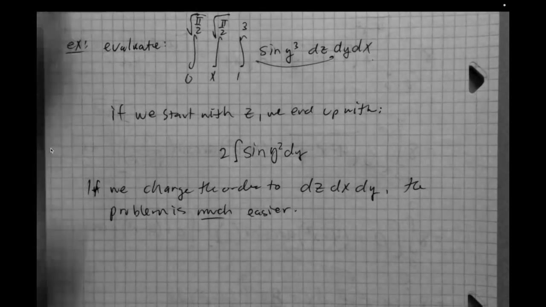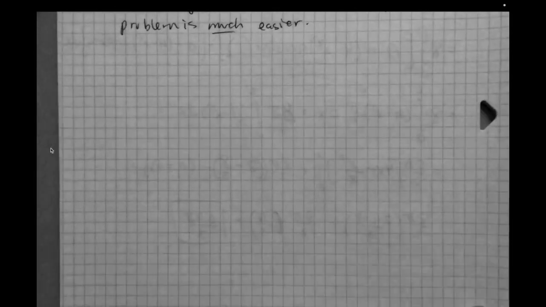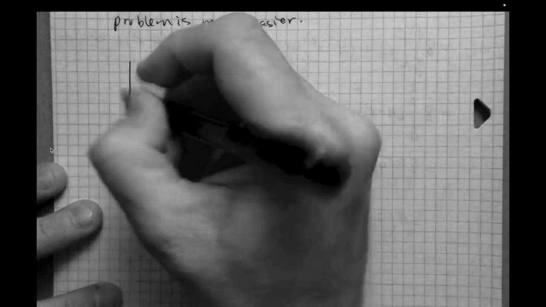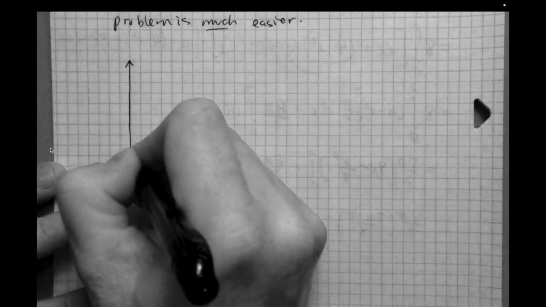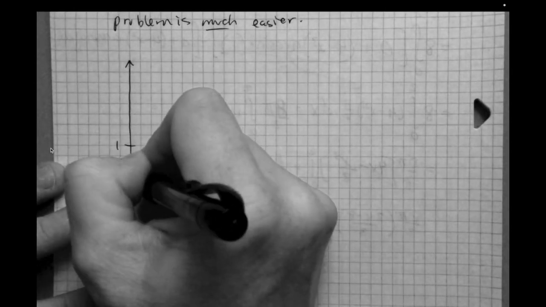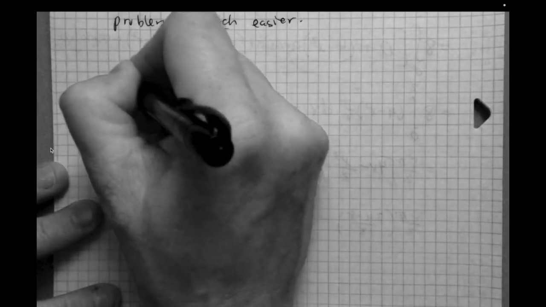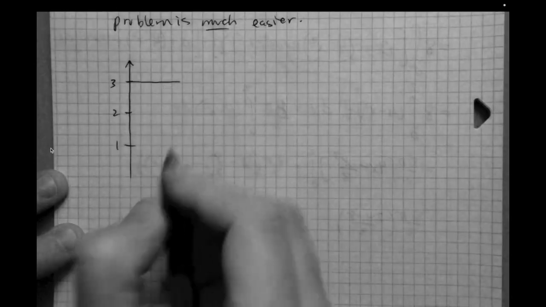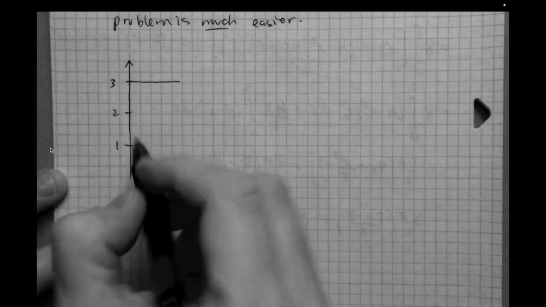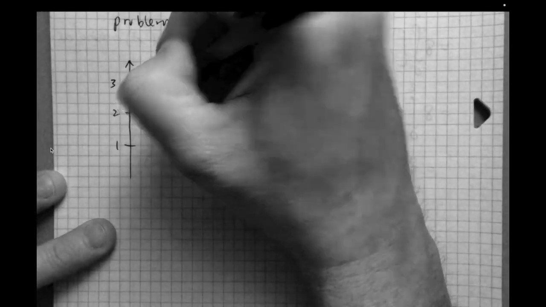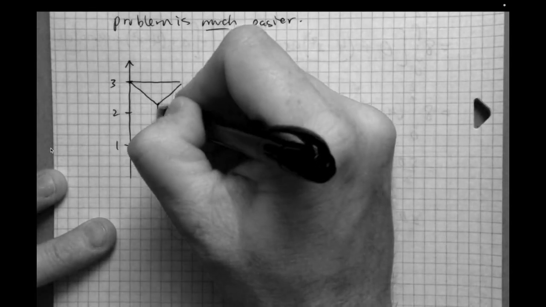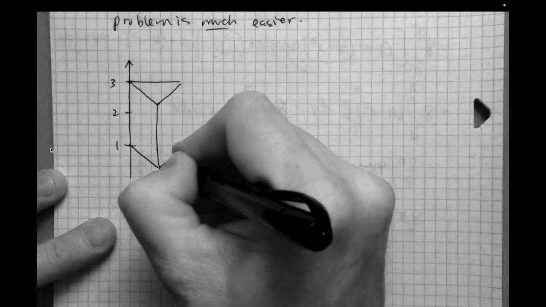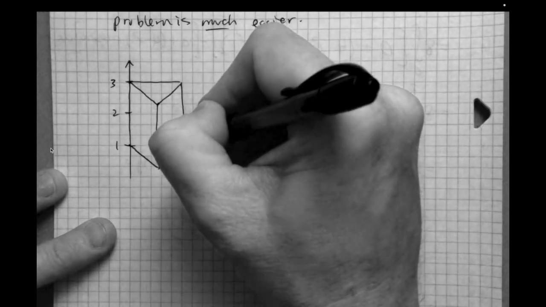So let's draw a picture of what this function looks like. We'll start with the z-axis this time. So we'll go 1, 2, 3. Now this is kind of easy to draw, but it's not necessarily going to be perfect. I'm sure you can understand that. It kind of looks like this.